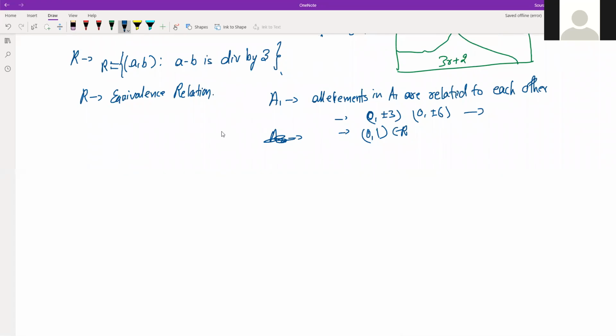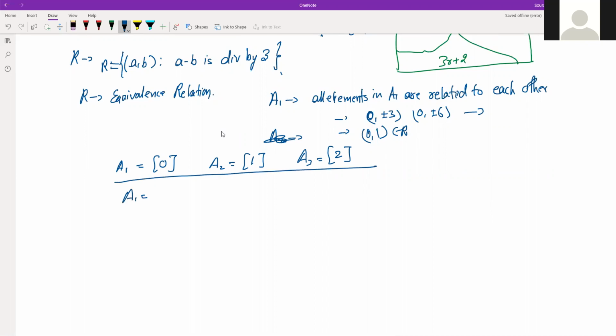So that's why we say that there is an equivalence class: A1 is the equivalence class of 0, A2 is the equivalence class of 1, and A3 is the equivalence class of 2. Actually, not just 0, 1, 2.